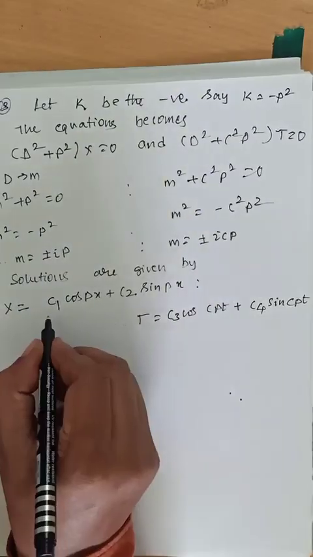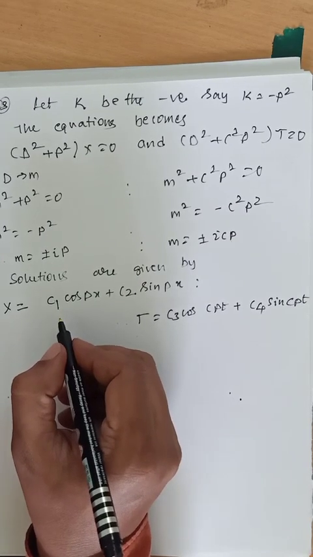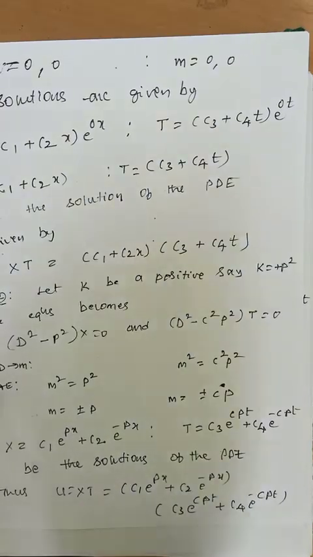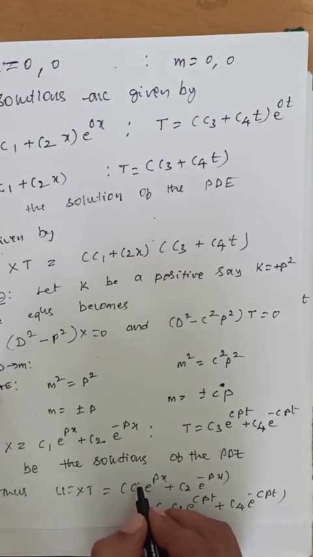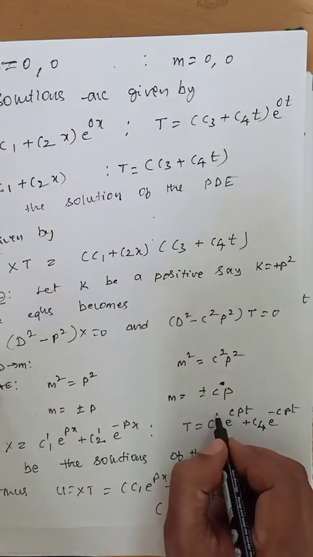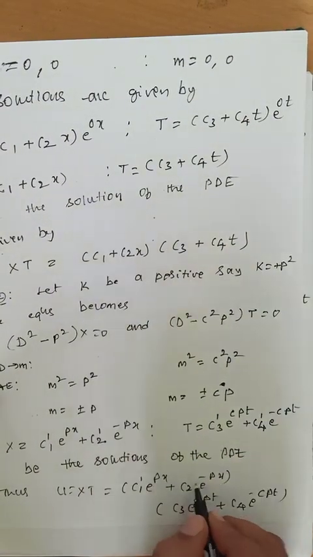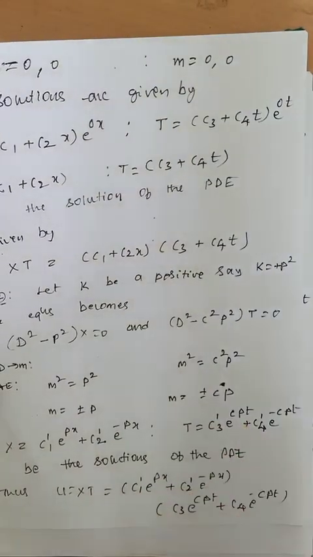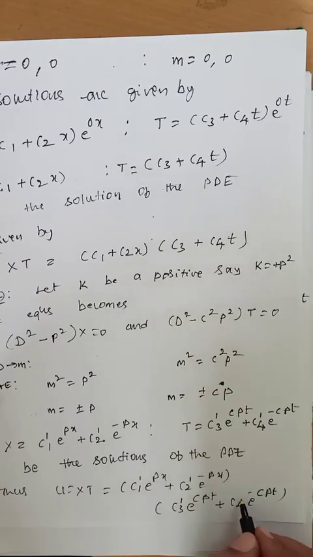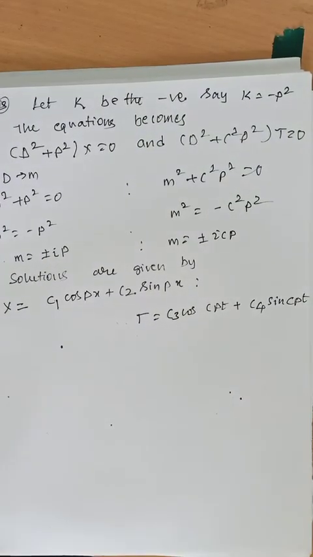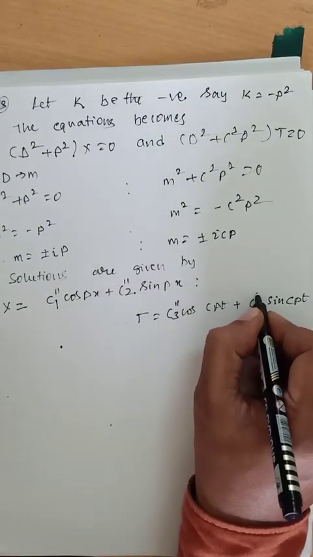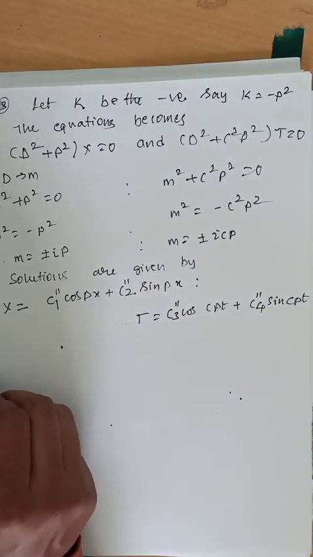See, for avoiding confusion, here you denote c1 dash, c2 dash in case 2. In case 1 it is c1, c2, c3, in case 2 c1 dash, c2 dash, etc., and in case 3 c1 double dash, c2 double dash, c3 double dash, c4 double dash for convenience.